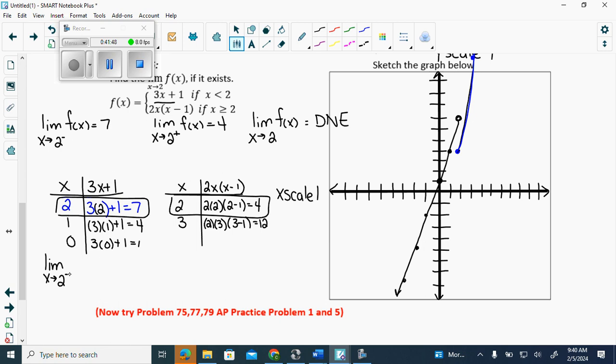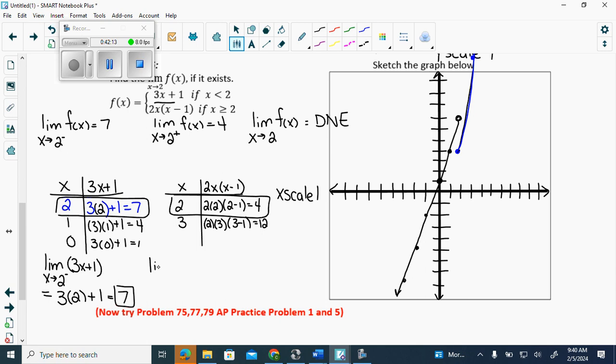What equation is from the left? 3x plus 1. It's the less than one, correct? So I go limit as x approaches 2 from the left of 3x plus 1, and then I can plug it in, can I not? So I would get equal sign. Limit goes away because I'm going to plug it in. 3 times 2 plus 1, and I get 7. So I can just do it algebraically, unless they force me to a graph.